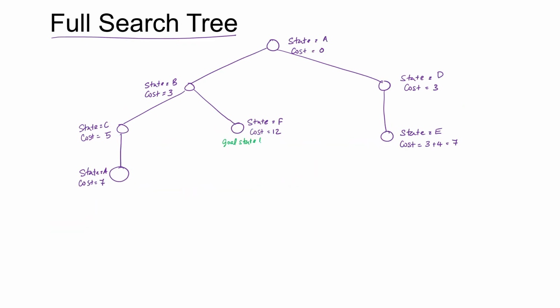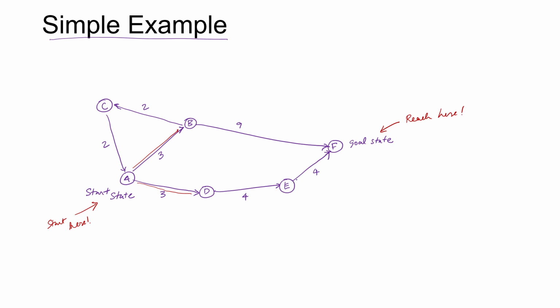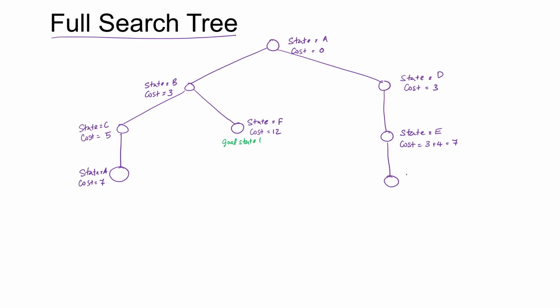Now, from E I can go to one more only, which is F. From E I can go to F, this is the other unit of 4. So, state equal to F, cost is equal to 7 plus 4 equals 11, and you see that this is a goal state, you reach the goal there as well.